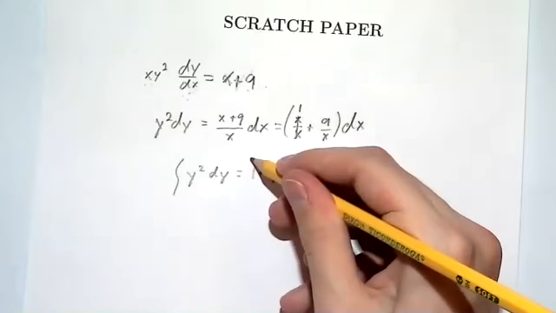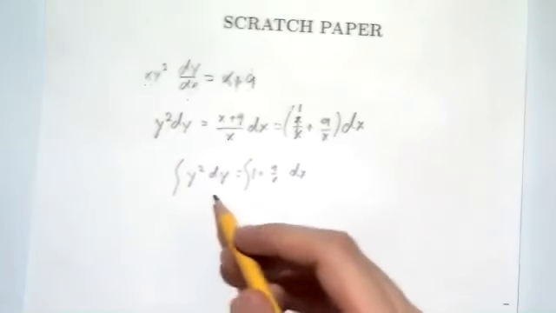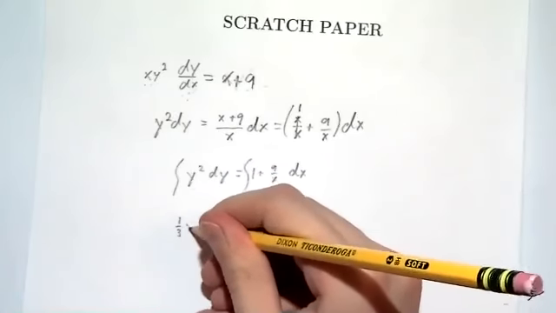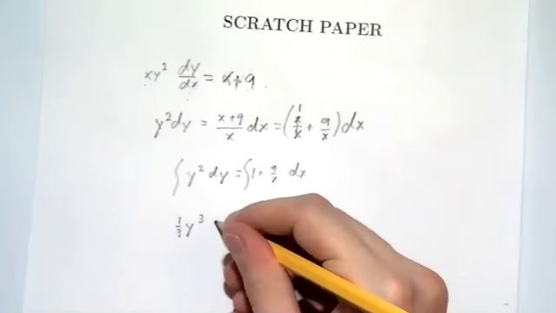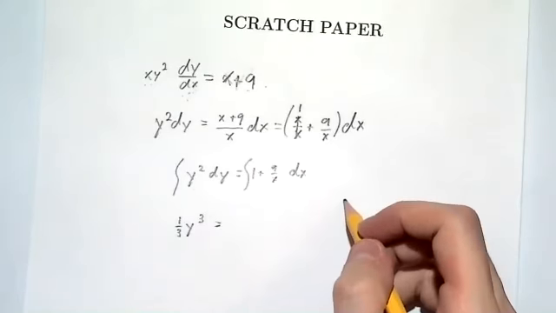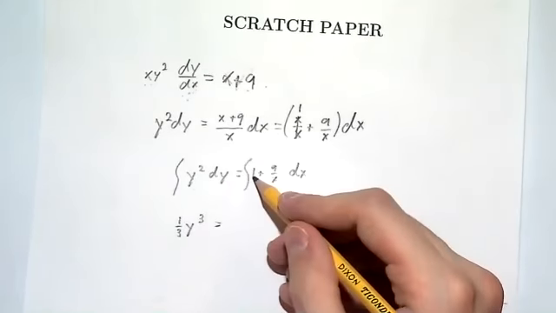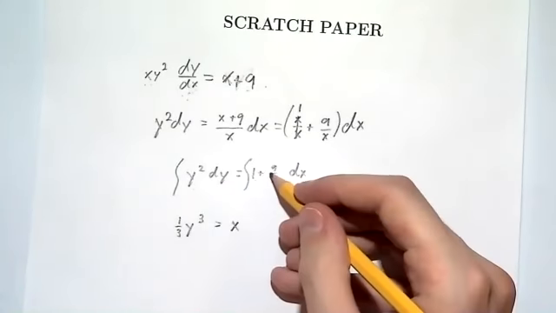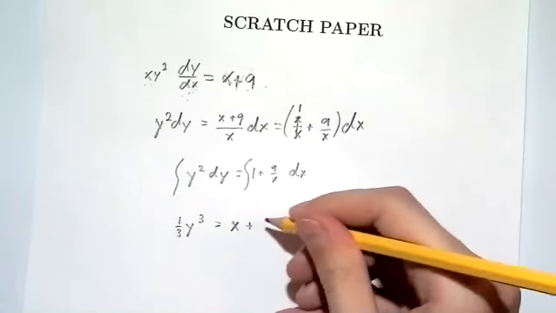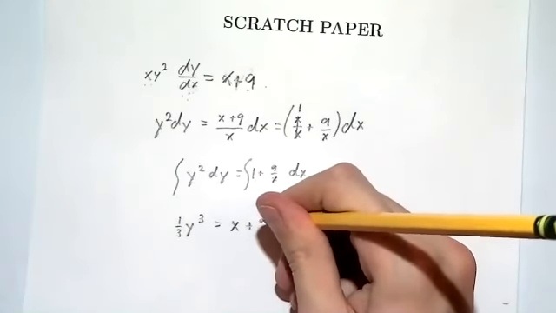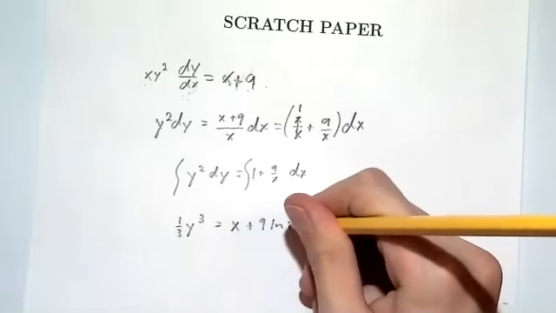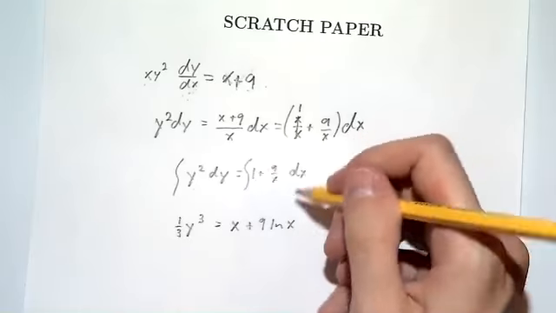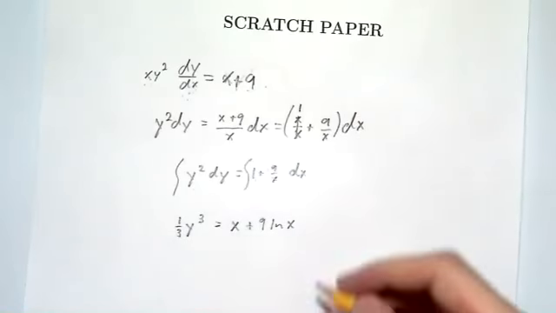And we integrate both sides. This is our power rule, so we do 1/3 y cubed. And then always put the plus c with the dx side. Here, the integral of just 1 would be x. The integral of 9 over x would be 9 times natural log of x, because you can separate it to 9 times 1 over x.